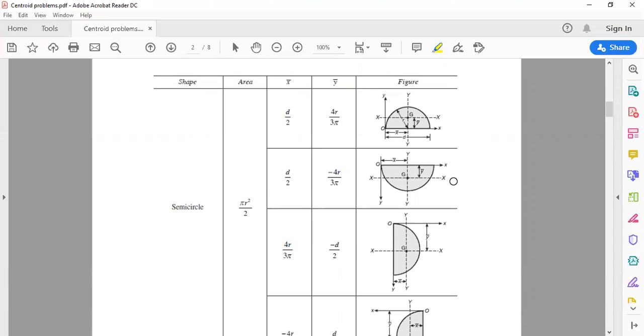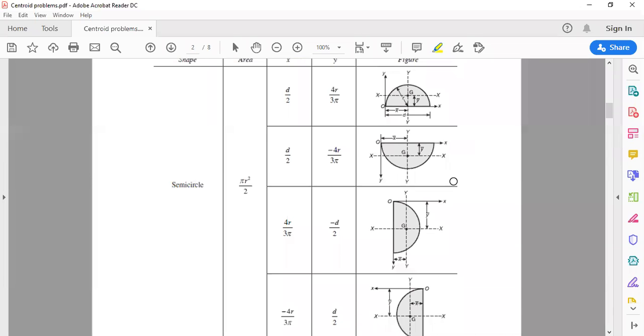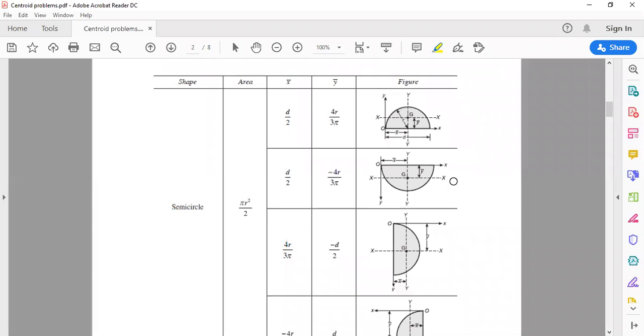Now we'll see what the differences are between the different semicircles present here. You can see the orientation of this semicircle. The semicircle is obviously half the circle, and they have taken the upper part of half of the circle. The reference axes for y and for x are like this.